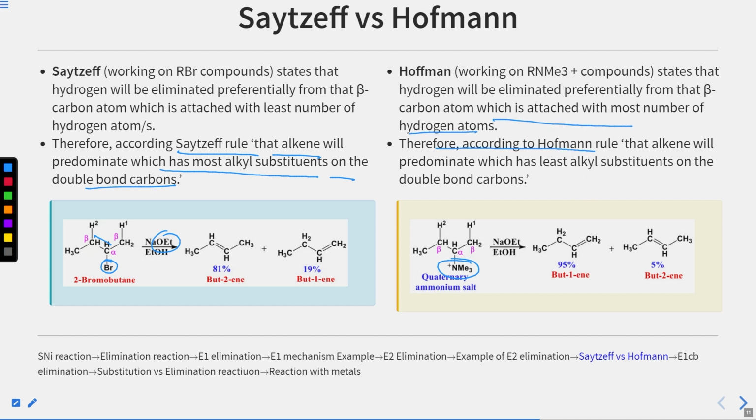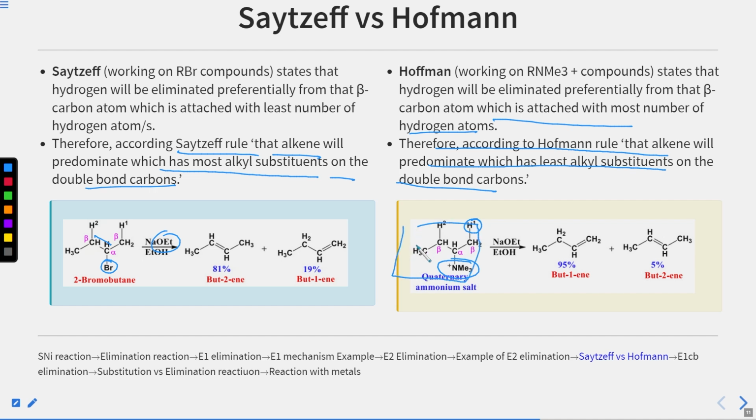Therefore, according to the Hofmann rule, the predominant alkene will be the one with fewer alkyl substituents. It will take this hydrogen from the less hindered side. If you are taking such a substrate, then it will give E2 elimination. Now, if you have a more hindered base, which is very hindered and not nucleophilic either, then in that case also it will give you E2 elimination. This is a very good example of E2 elimination, in which we are taking a quaternary salt.